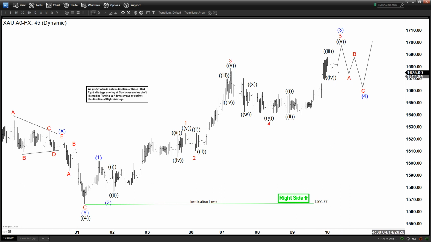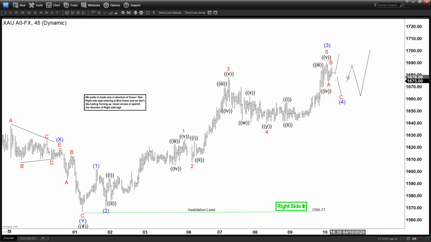Now we are in 1675 here. If we do get another sell-off, now the market is kind of closed right now because of the Good Friday, but let's say if we do get another leg lower, there is a possibility that we finish this one here. So you can shift it like this, and we could be already in the wave 4 in blue, and this could be, let's say, your AB for example, and then another leg lower C over here before turning higher.